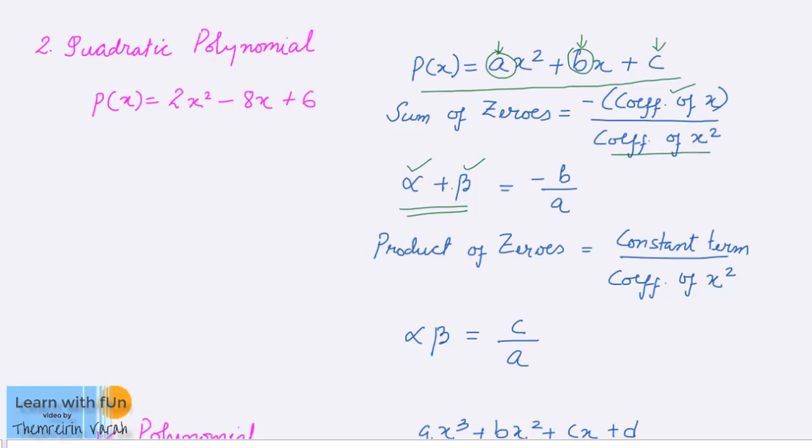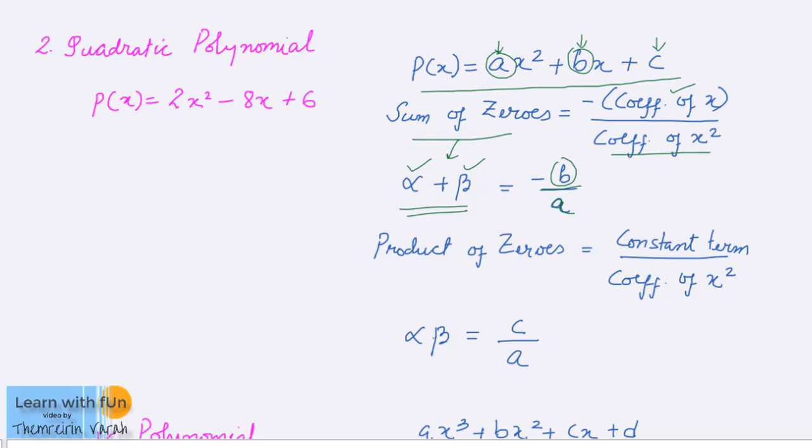So alpha plus beta, the sum of the zeros, is equal to minus of coefficient of x which is b upon coefficient of x square which is a.